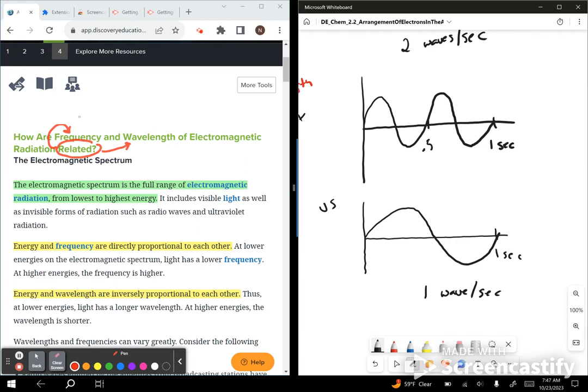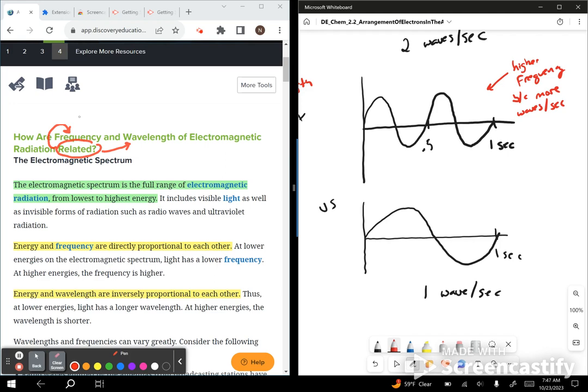The question would be which one has the higher frequency. This one has a higher frequency because more waves per second, which means it's also going to deliver more energy.